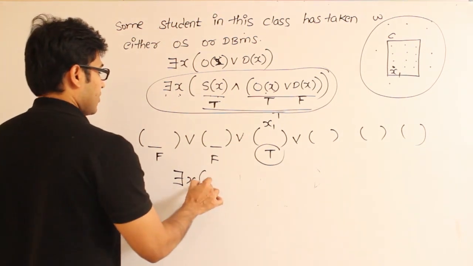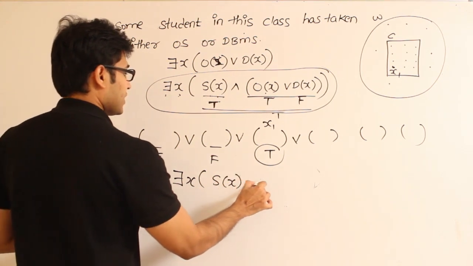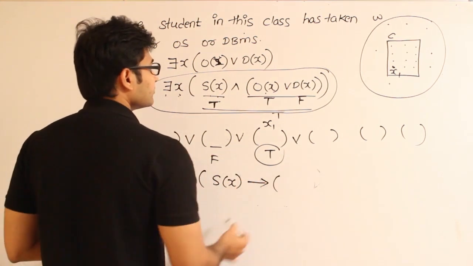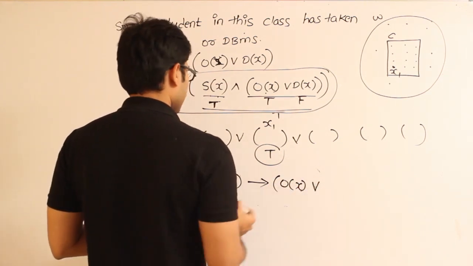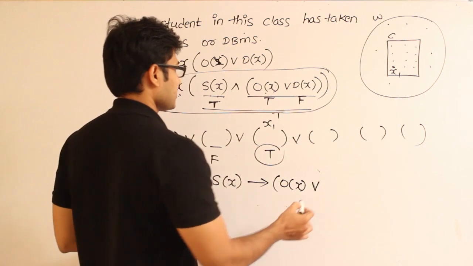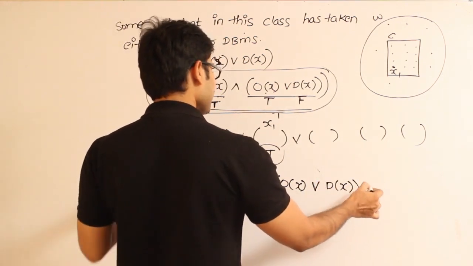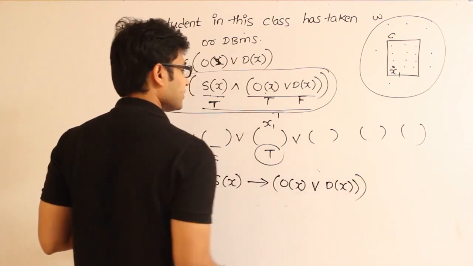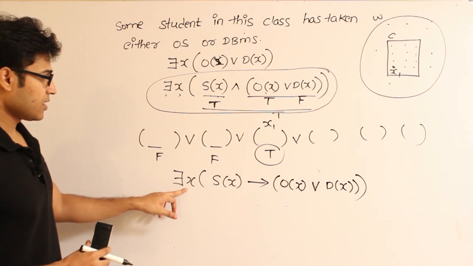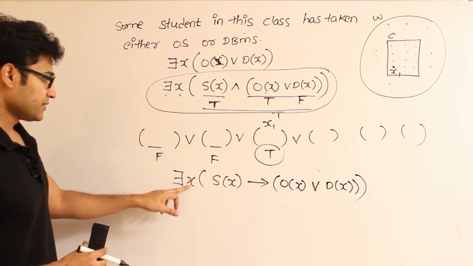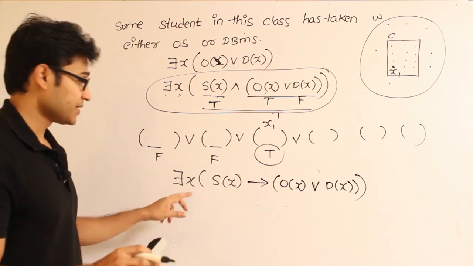Now you might ask me this: for all x, S of x implies O of x, or there exists x such that S of x implies O of x or D of x. Why do you think that it does not convey the same meaning as that statement? So what is your question? Why can't we write like this? There exists some student x, there exists some person x.